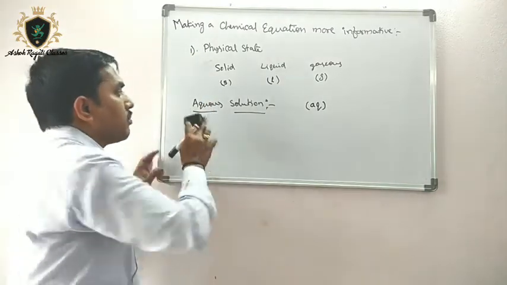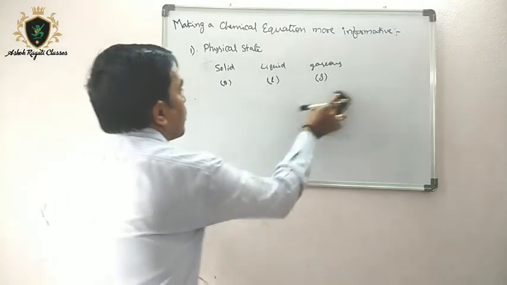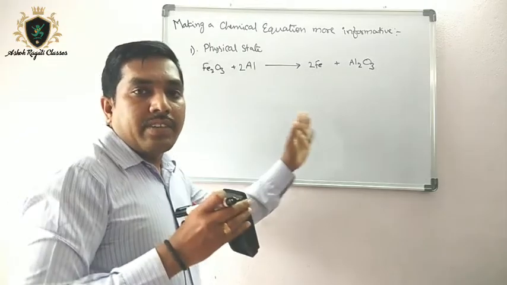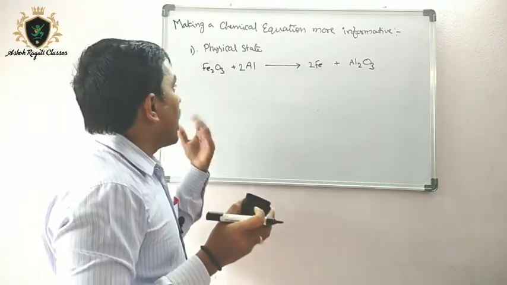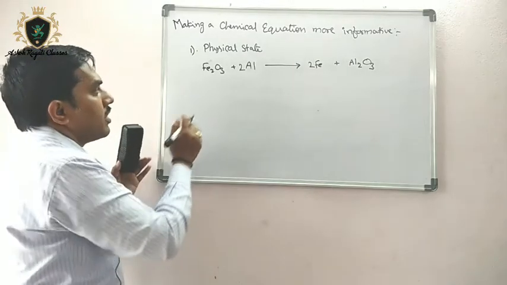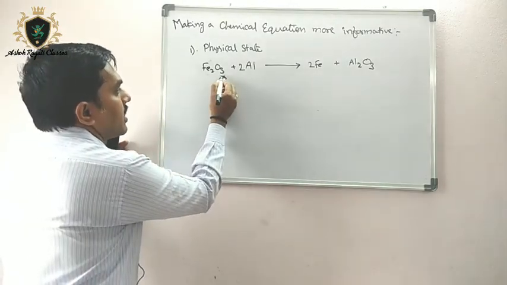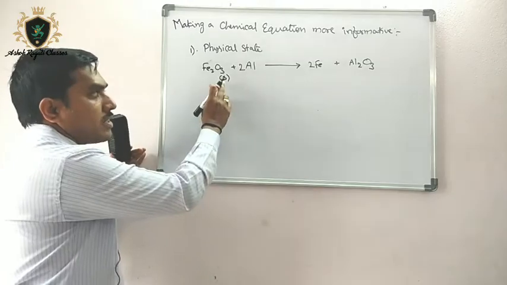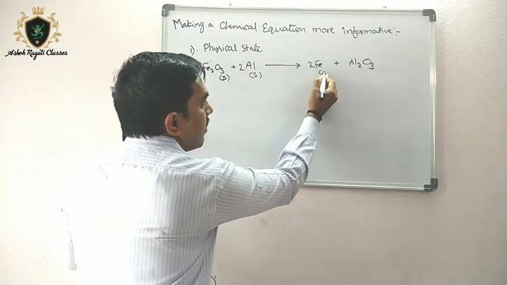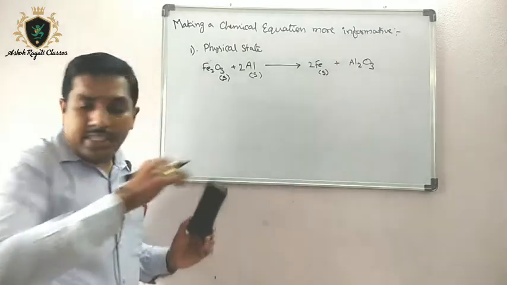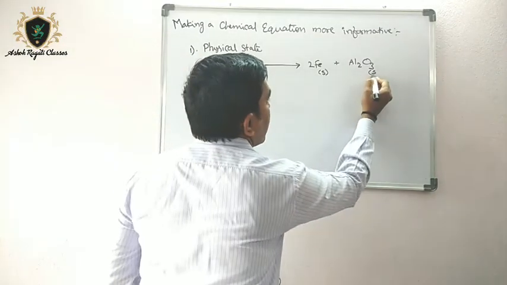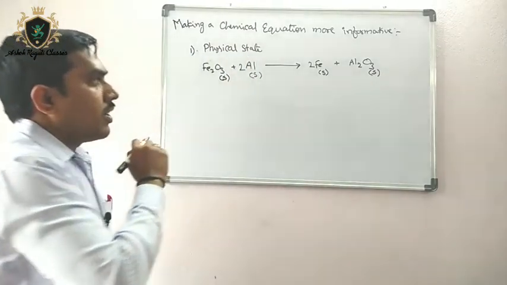Let us take one example which shows the states of reactants and products. This is a given equation. How do we add the physical state to it? Fe2O3 is available in a solid state. Aluminum is also in a solid state. Iron is also in a solid state. In the same way, Al2O3 is also in a solid state.